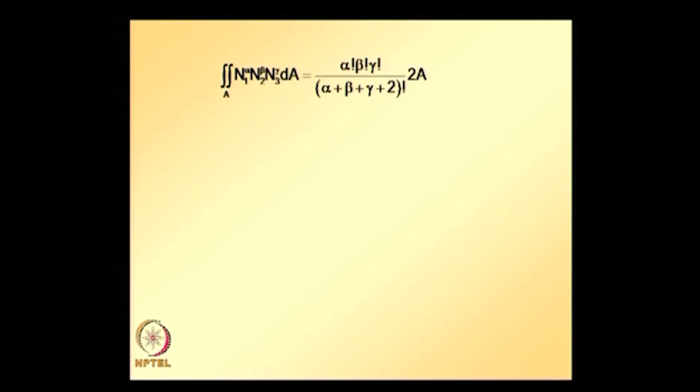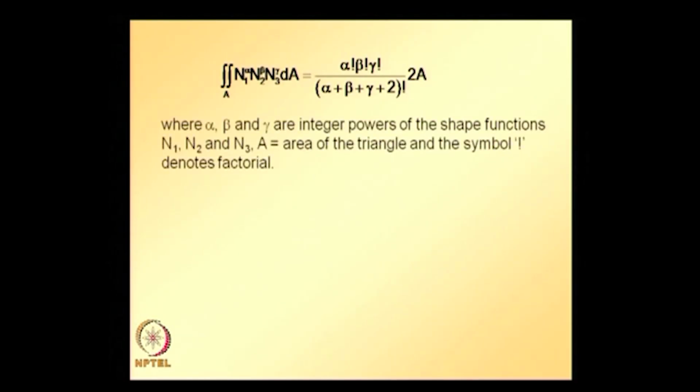Here alpha, beta, gamma are integer powers of shape functions n1, n2, n3, A is the area of the triangle, and the exclamation symbol denotes the factorial operation.